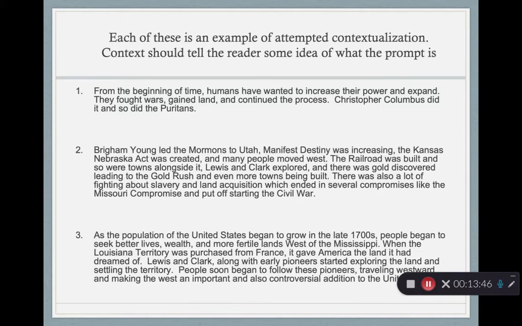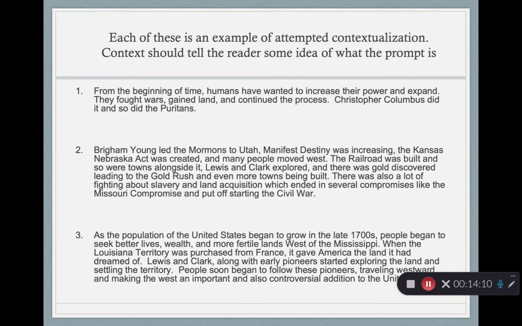Lewis and Clark, along with early pioneers, began exploring that land, settling the territory. People soon began to follow these pioneers, traveling westward and making the West an important and also controversial addition to the United States. I have a who, what, where, when, why, and how. Then I can easily transition to my thesis statement.